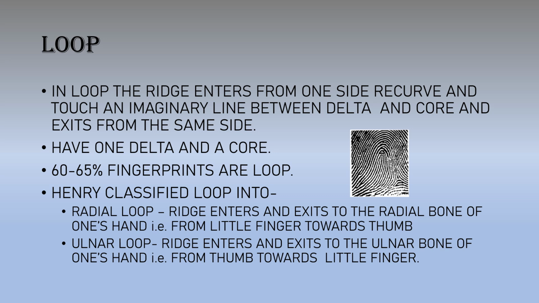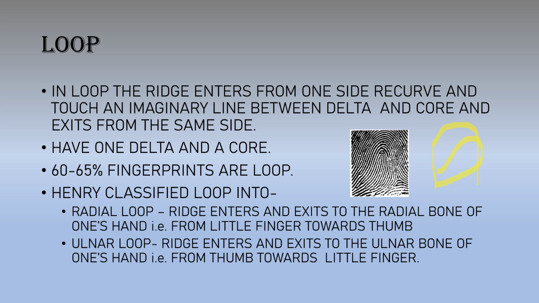Now let's see what a loop looks like. Here I make a drawing. This is how a loop looks. Let us take this as a finger. The loop enters from the side, makes a curve, and exits from the same side.